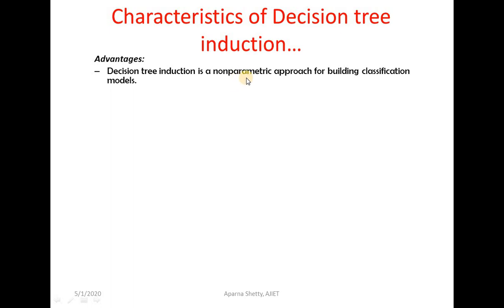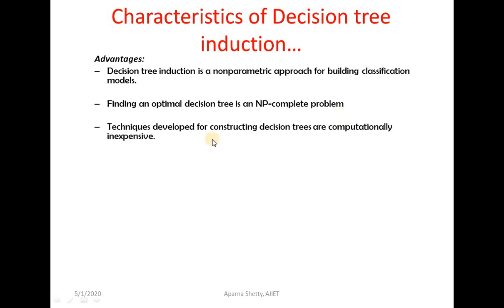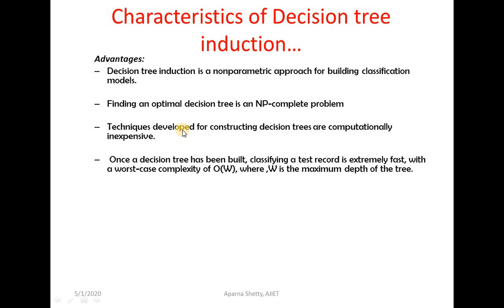Decision tree induction is a non-parametric approach for building classification models. Finding an optimal decision tree is an NP-complete problem. Techniques developed for constructing decision trees are computationally inexpensive. Once a decision tree has been built, classifying a test record is extremely fast, with the worst case complexity of O(W), where W is the maximum depth of the tree.